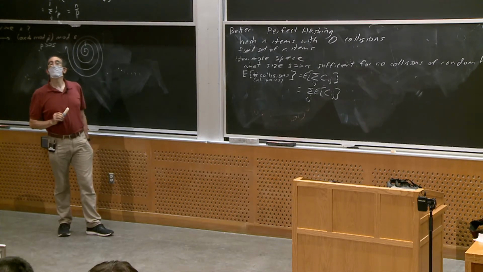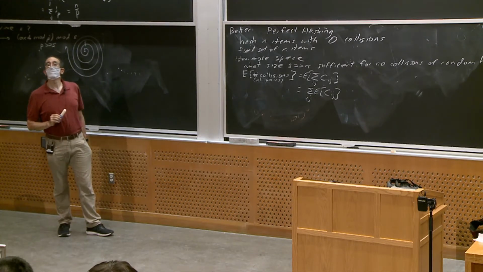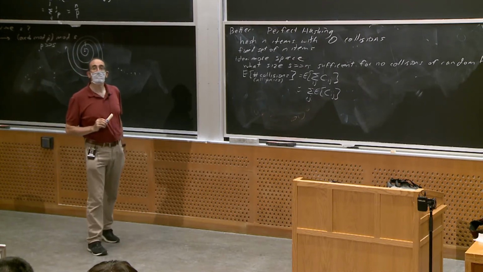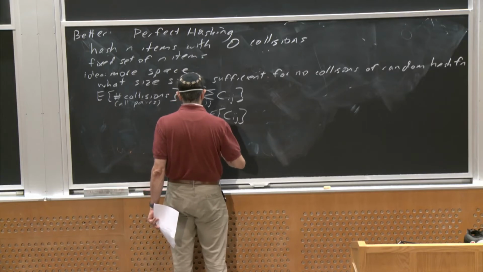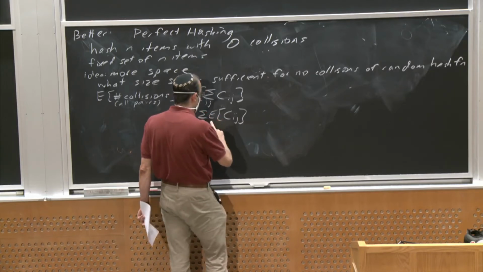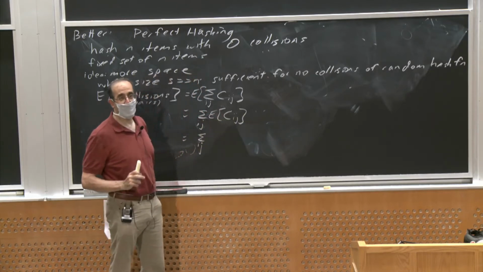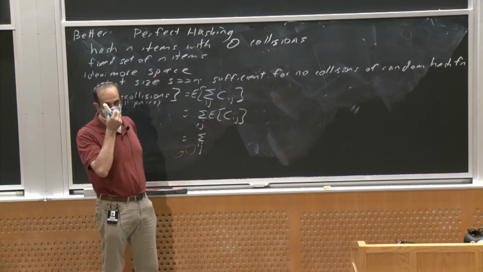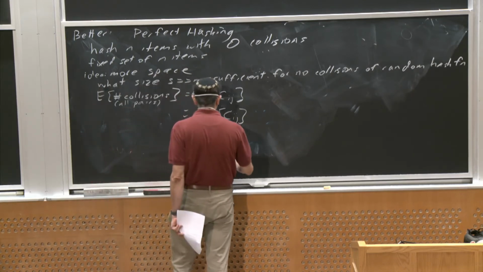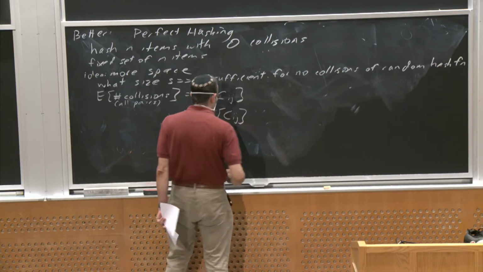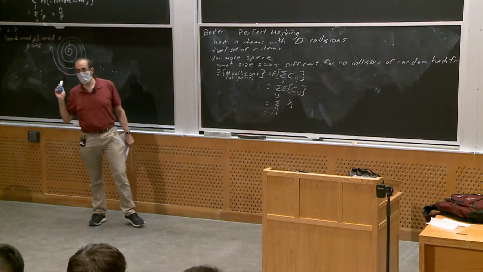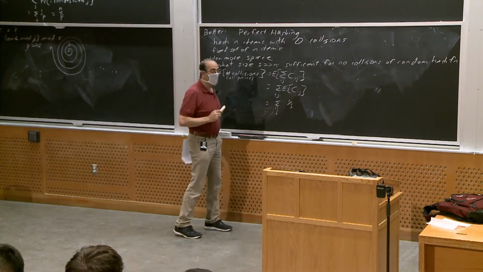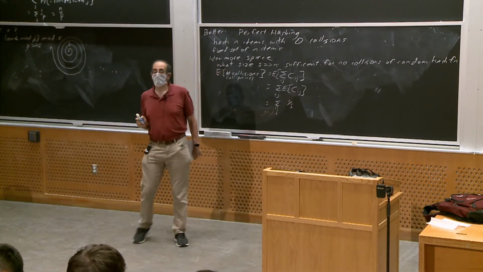By pairwise independence, each individual event has probability one over s. Each of these expectations is an expectation of an indicator variable, which means it's the probability that the two items collide. And because we're using a random hash function, or even just a pairwise independent hash function, this probability is 1 over s. And so now how do we finish?